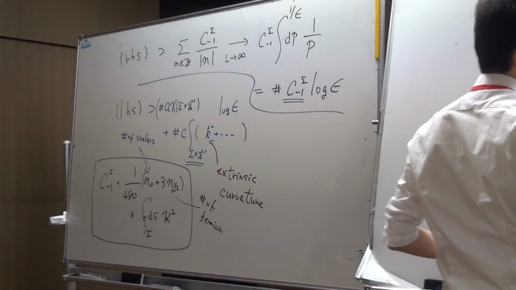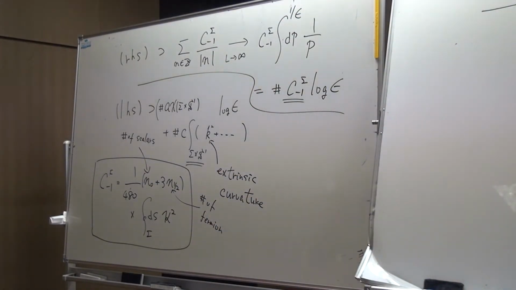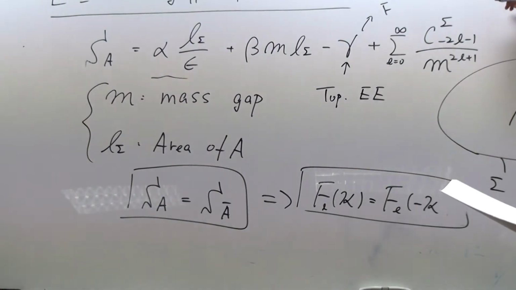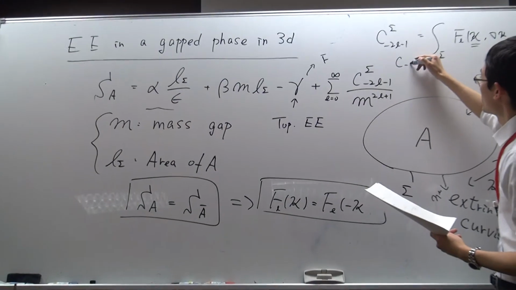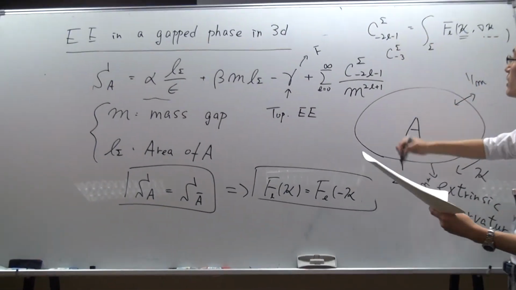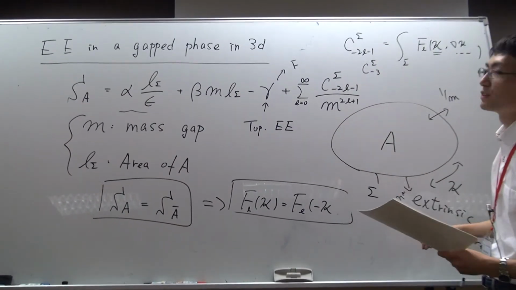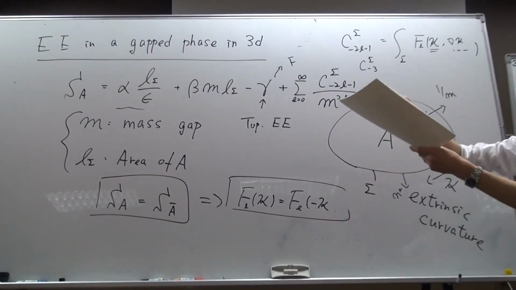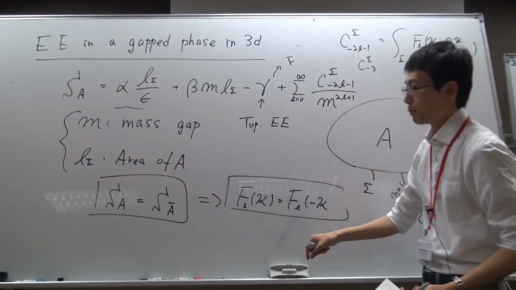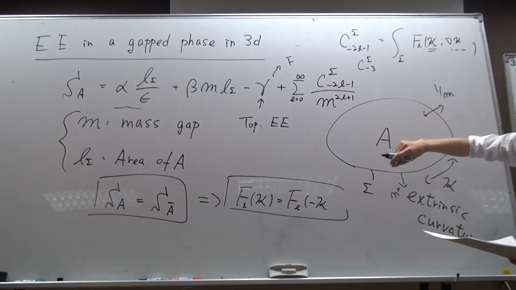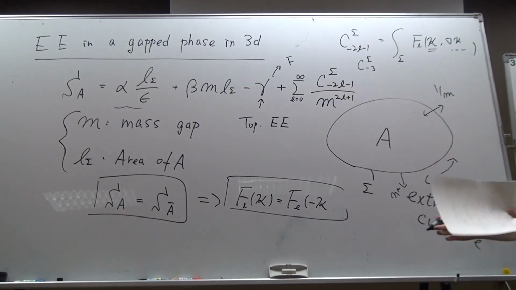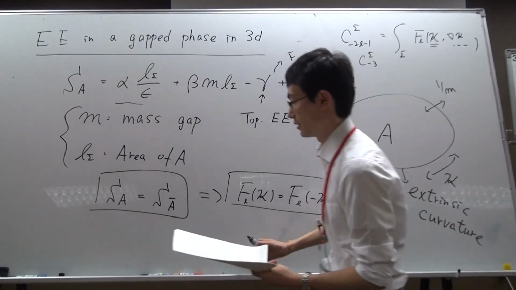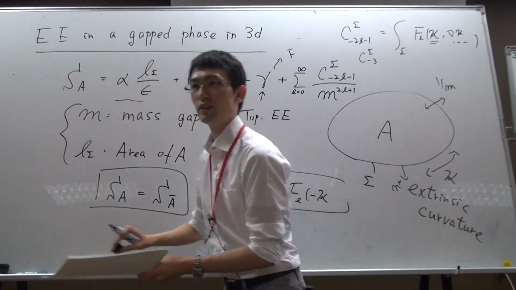Similarly, if you want to fix the next coefficient C minus 3, you can start with 6-dimensional field theory and take a KK reduction to 3 dimensions. And similarly, you can systematically compute these coefficients, at least for free fields. Is there any questions?